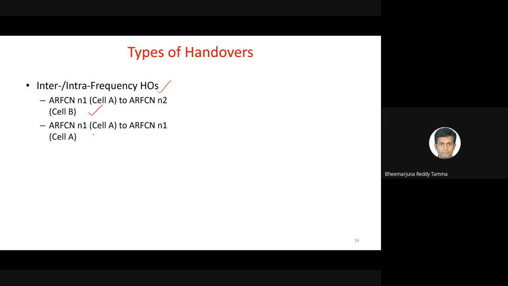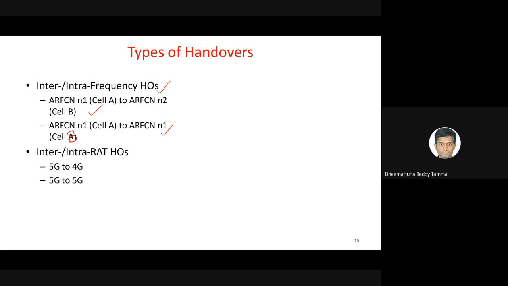In the inter-frequency case, the user is moving from cell A to cell B, operating on two different channels, channel N1 and channel N2. Case 2 is intra-frequency. The frequency remains the same, that is N1, but the cell ID changes from A to B.